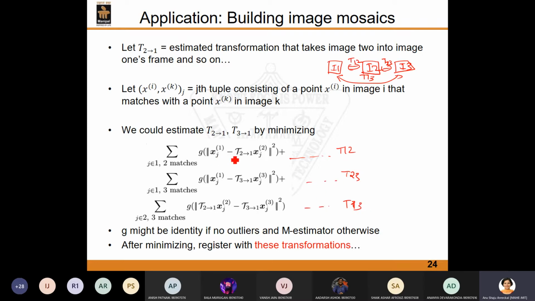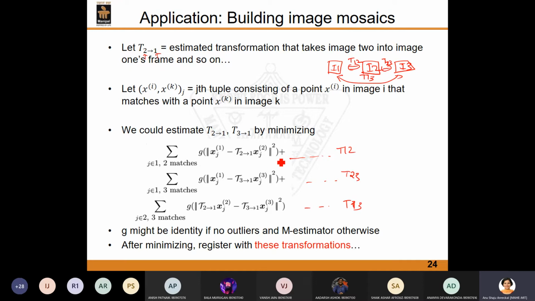Now let's discuss what each of these terms actually means. If I say T21, what I mean is I'm transforming the points which are present in image 2 and mapping them to the points which are present in image 1.